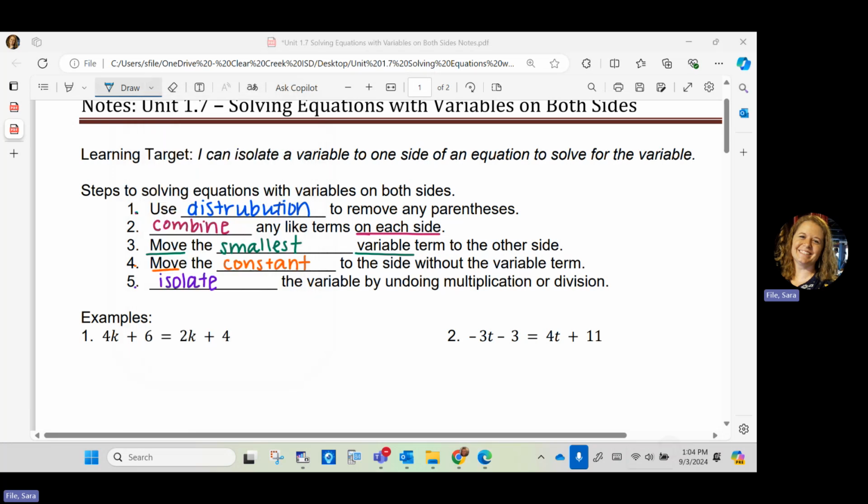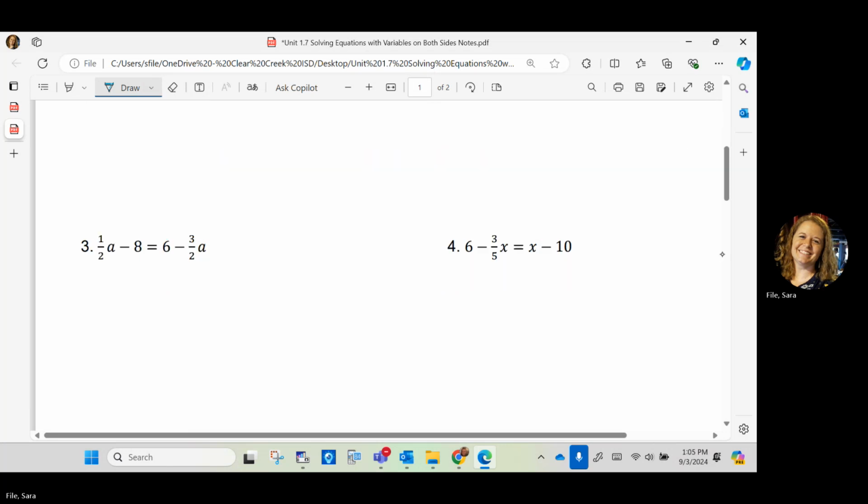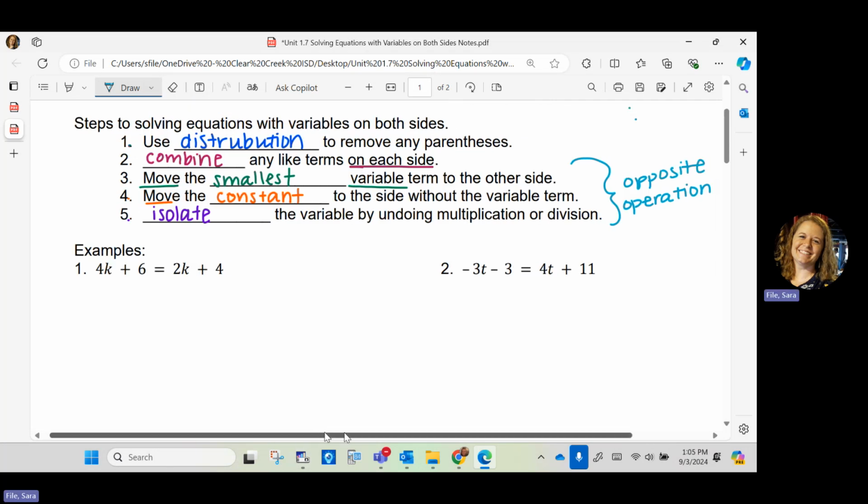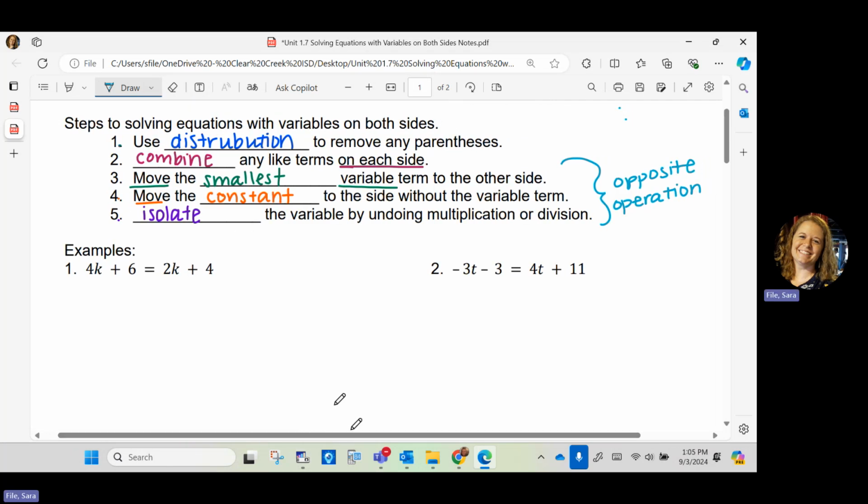So those last three, we're actually moving terms here. When we do any of this moving, we are using opposite operations. So opposite operation to move things across the equation.